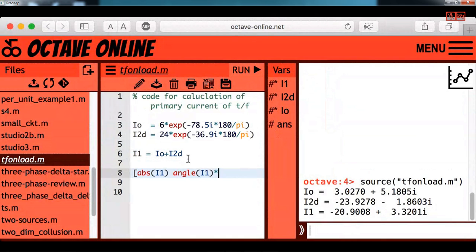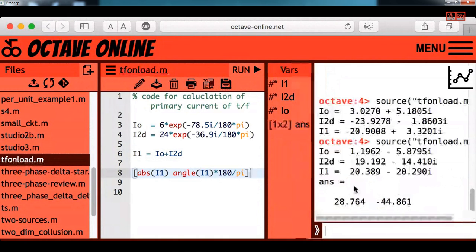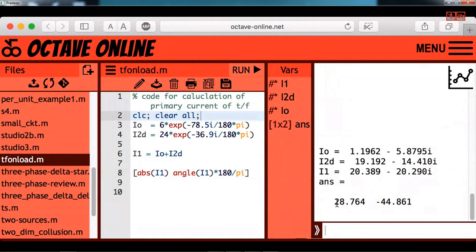Oh, I'm sorry, here the factor is not 180 by pi, it is pi by 180. I'll make that correction. Now here I have to give 180 divided by pi. Let me save and then run this program. Now I got the correct answers. Let me clear the screen. So the final answer is 28.7 at an angle of minus 44.86 degrees.